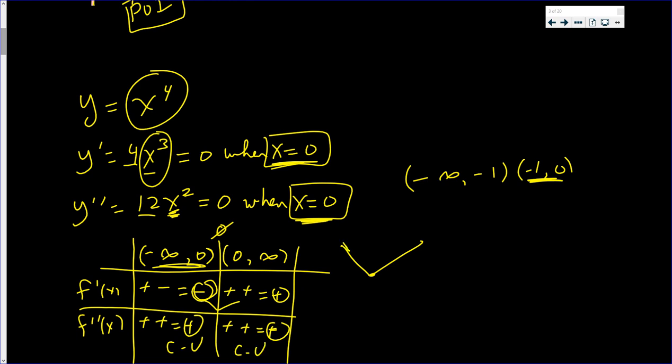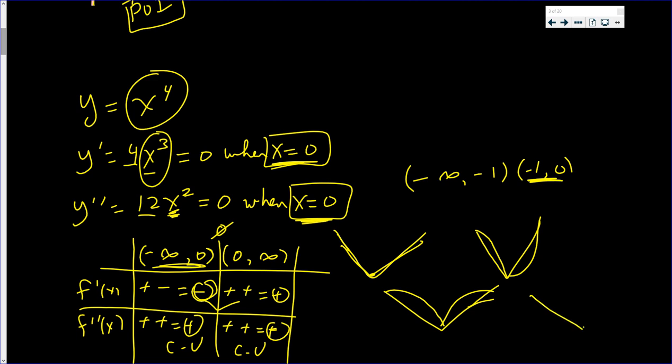That tells me that when I go like this, in theory, I could have gone concave down and maybe concave up, or I could go concave down and then concave down again. But it turns out that I go concave up. Let me go a little bit lower. I go concave up, and I continue concave up. That is, let me draw it here, please. It's a nice U shape.